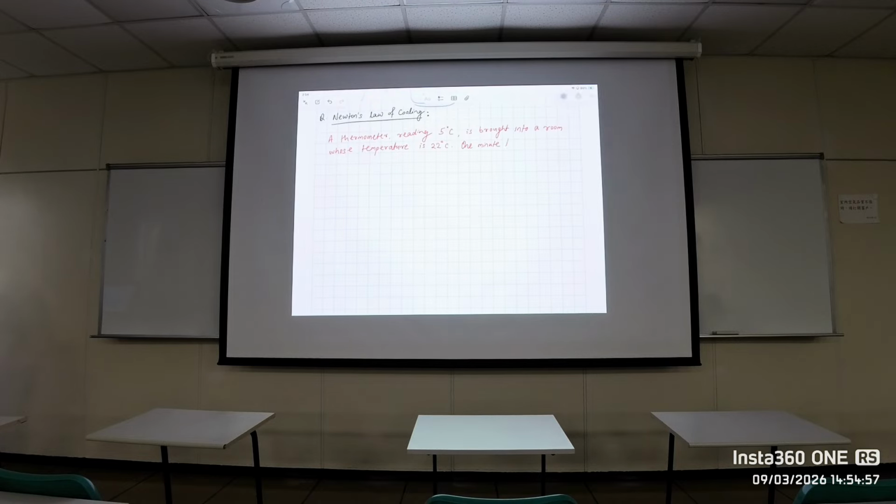One minute later, the thermometer reading is 12 degrees centigrade.